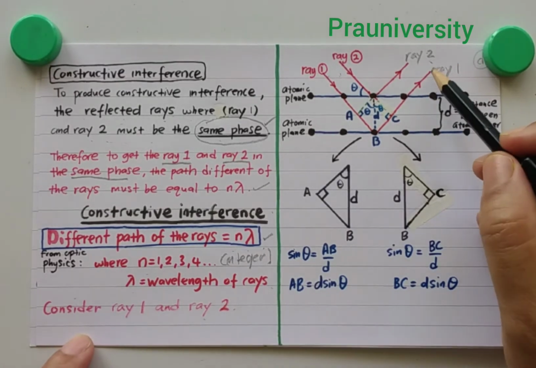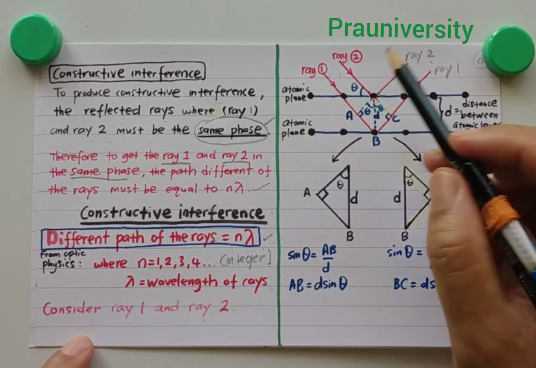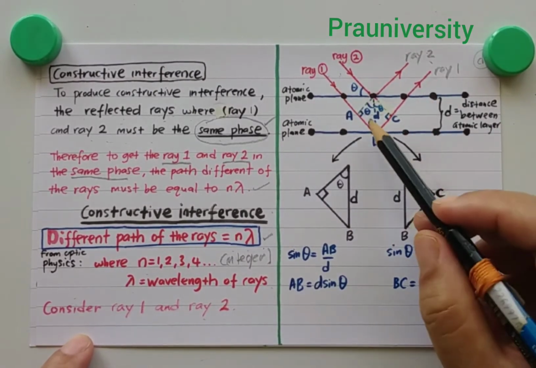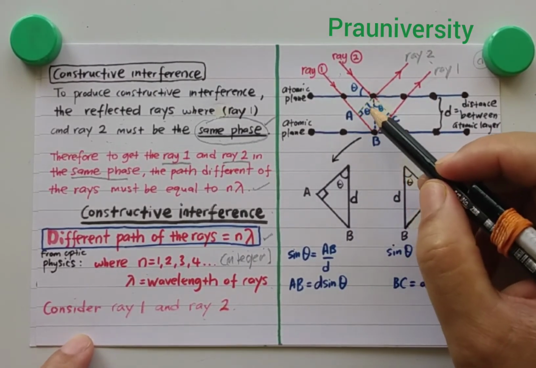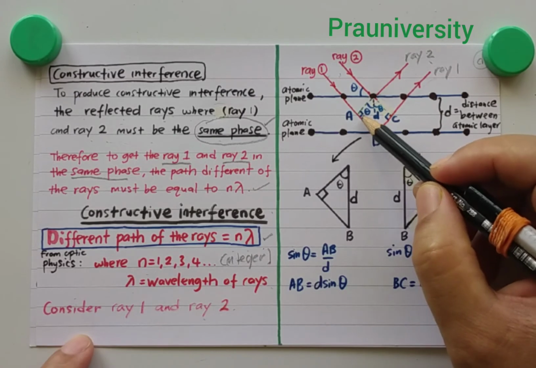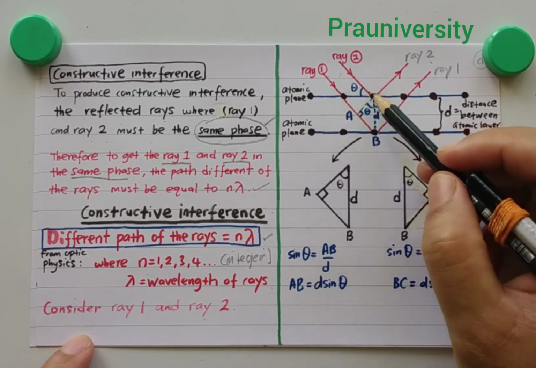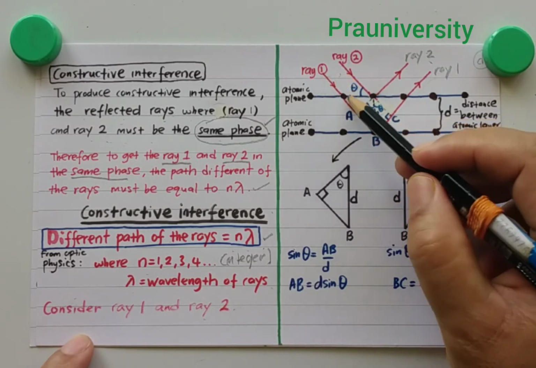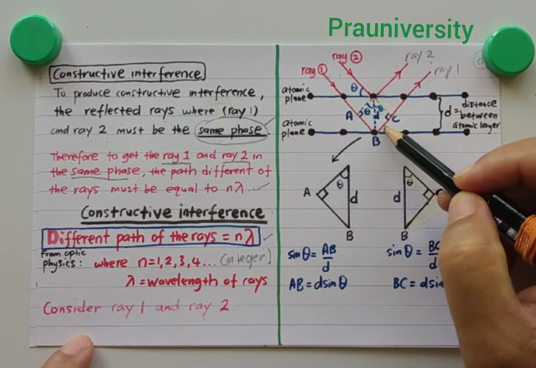Okay, so in this case, the difference between ray 2 and ray 1 is that ray 1 needs extra distance to go. So if ray 1 moves from here and reaches here and then is reflected, ray 1 has the extra path.